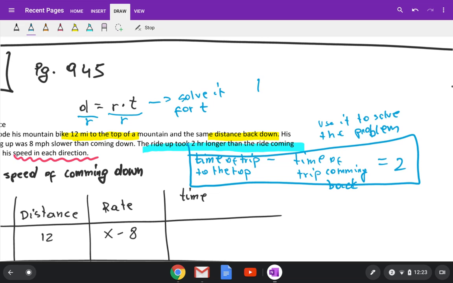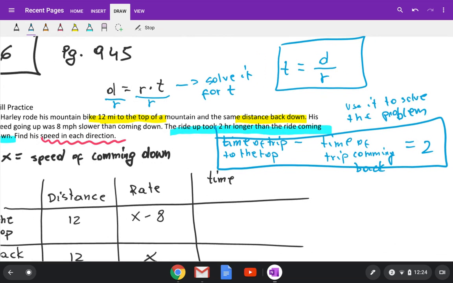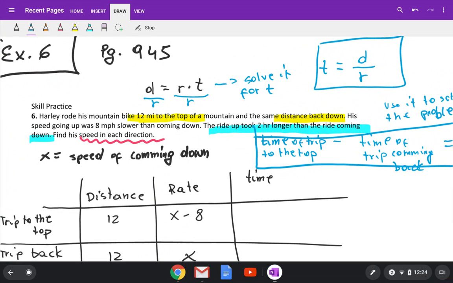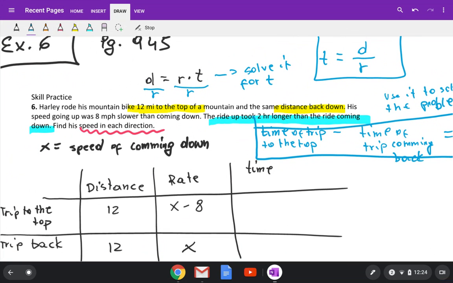So time is equal to distance over rate. So time of the trip to the top minus time of the trip coming back is equal to... So let me figure out what the time of the trip is. Again, time is distance over rate.